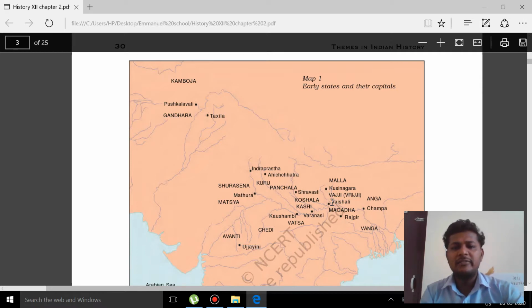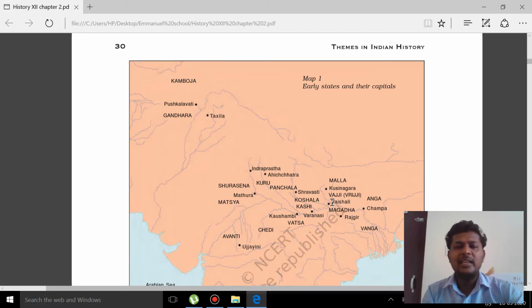What I would request you is take an Indian political map, present day, modern day map, and try to locate these places and mark them by your own hand. Know these places in your map so that you can practice them very clearly.